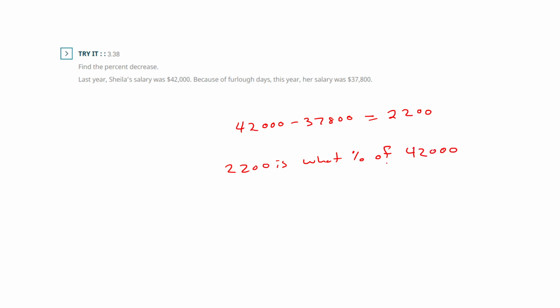Okay, so 2,200 is my of, is 42 equals percent over 100. So I'm cross multiplying again. Now when it's 100 here, I'm just adding 2 zeros. Equals 42. Okay, dividing.